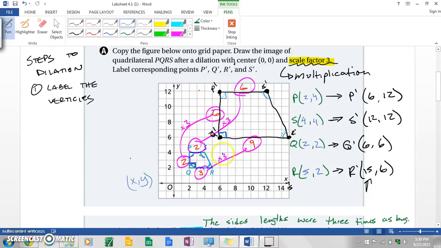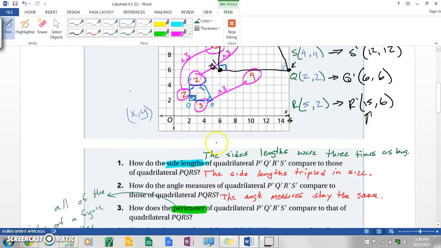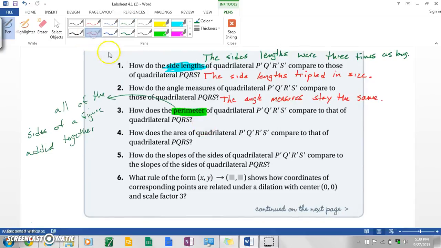But if you know that all of the side lengths tripled, that they're 3 times as long, you know that the perimeter will be 3 times as much, or 3 times bigger, than the original figure.